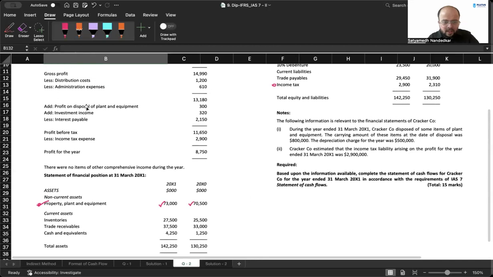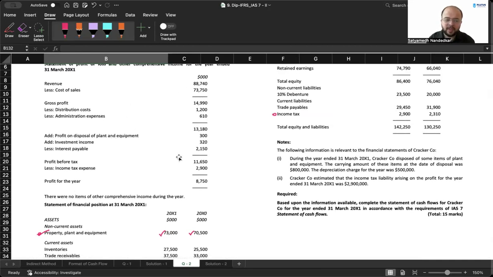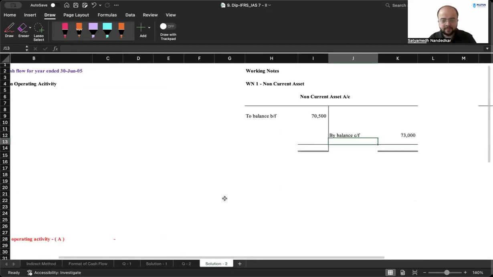Now, in this question, in the adjustment part, they have not given you whether there was a profit or loss on disposal. So see whether you get that information from the P&L. As you can see, there is a profit on disposal of plant 300. Carrying amount of the item was 800.